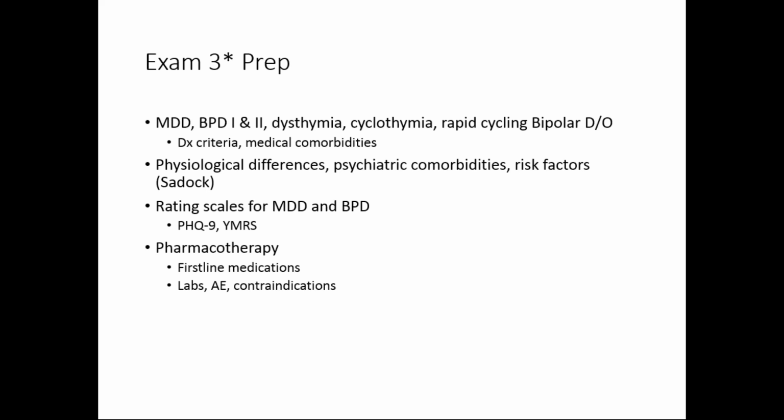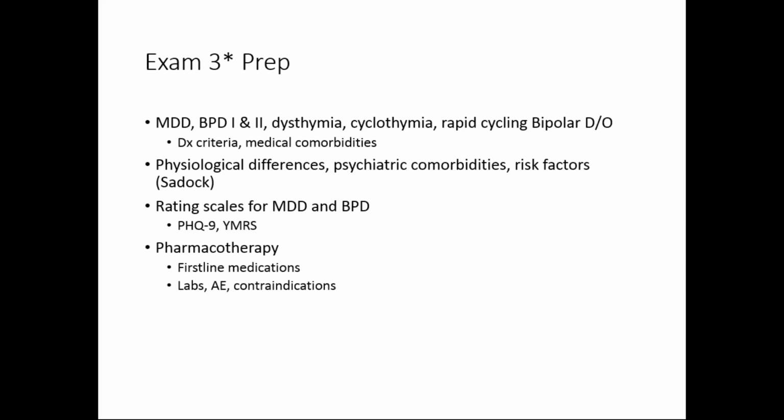This last slide is, you've seen this obviously because this is almost the exact same thing posted in the course. For directing your study, you want to know diagnostic criteria for MDD, bipolar 1 and 2 disorder. Some things that we didn't mention in the lecture, dysthymia.